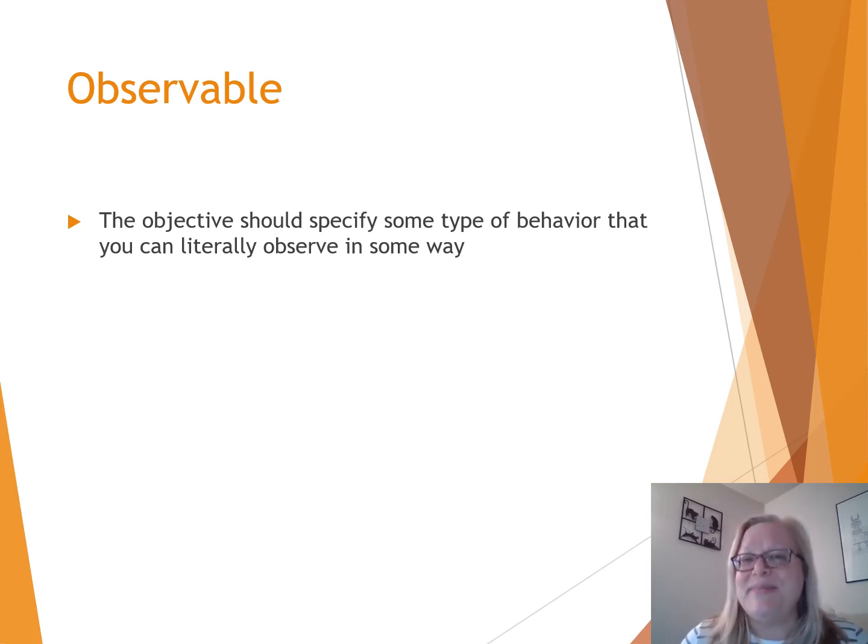So you could watch them set the table and see if they can do that properly and then check that box. So that is an observable objective. In our case, when we're trying to get students to enroll in certain courses, think about things you could have them do that would be observable.